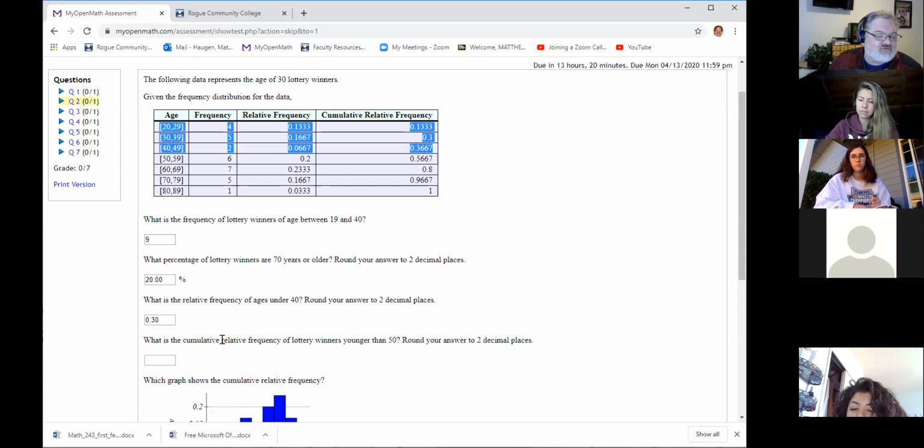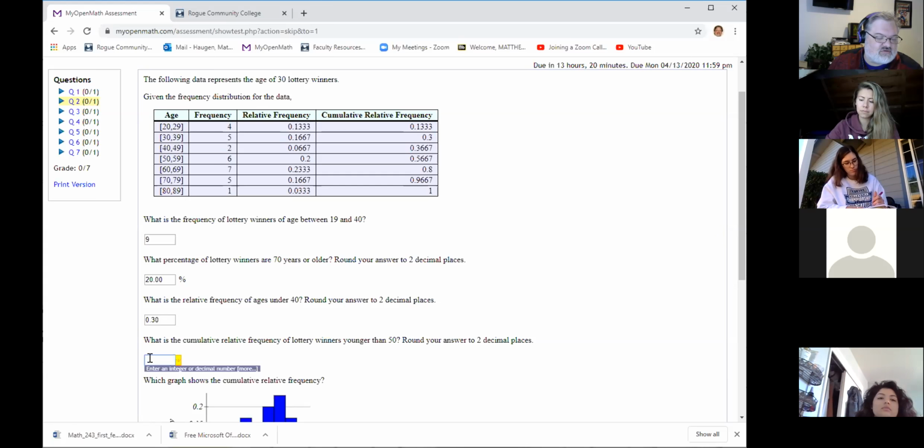The question asked cumulative frequency younger than 50. Well, younger than 50 is these 3. Fair? It doesn't include that 50 to 59. So we've got to use this number, not that one. Does that make sense? And that's why we want to get in the habit of reading these very carefully, so we know what it is this is asking.